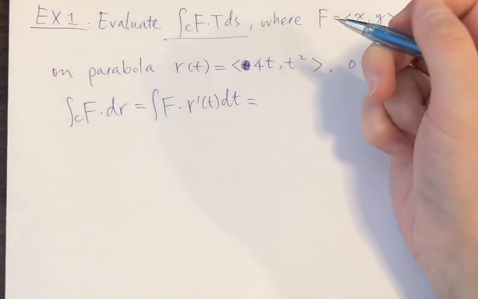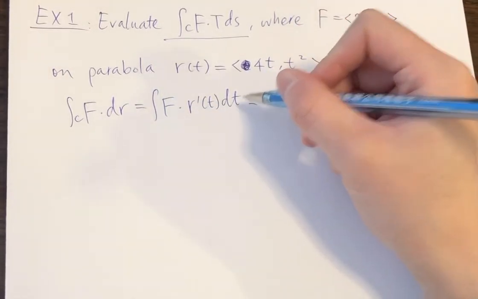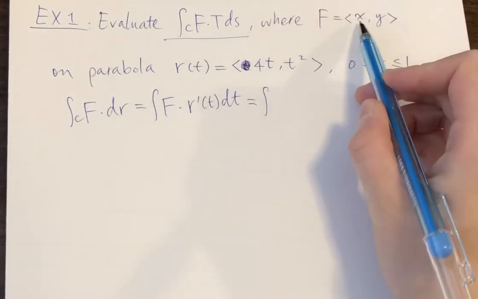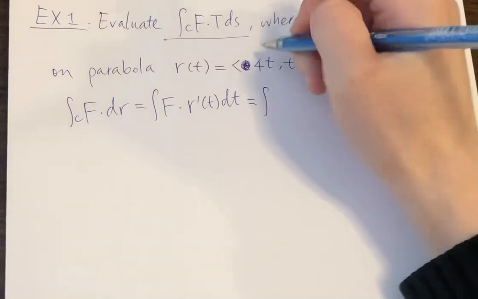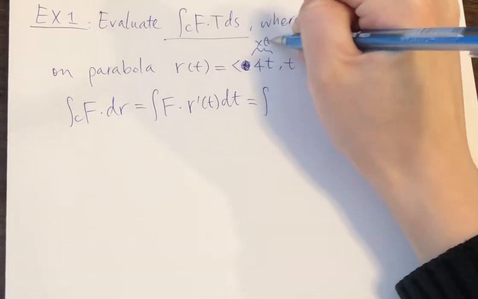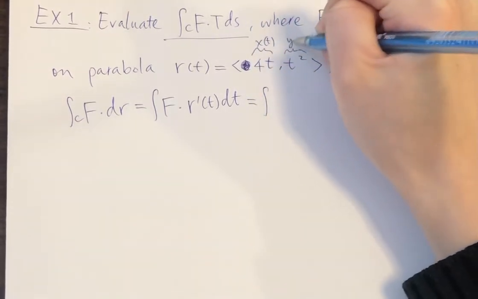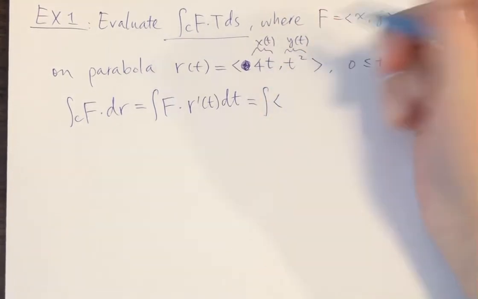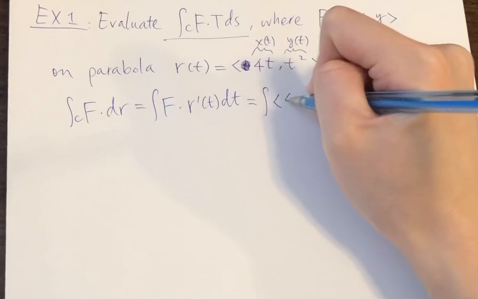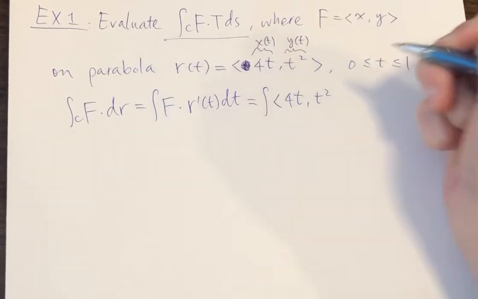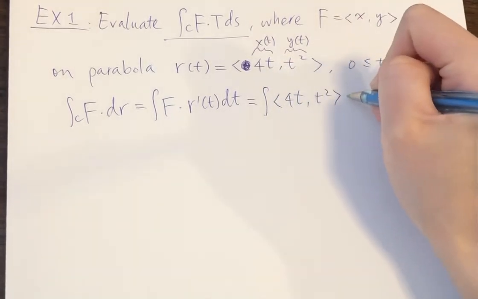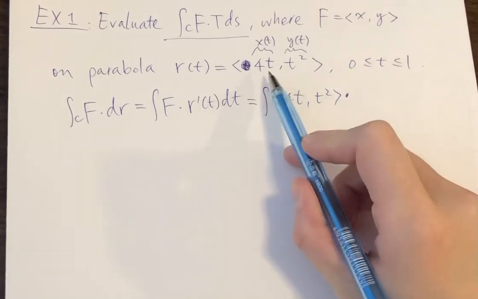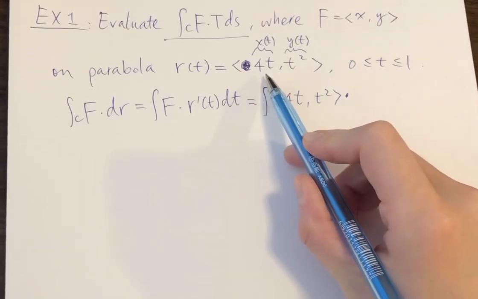So that means now everything is in t, and we just replace x and y here, this is x, this is y. So x comma y now becomes, we just copy that in this case, 4t, t squared, and then dot with r prime. So r prime is the component-wise derivative.